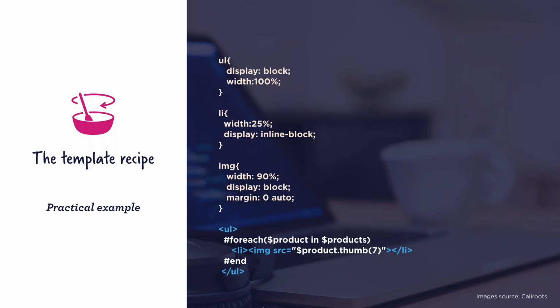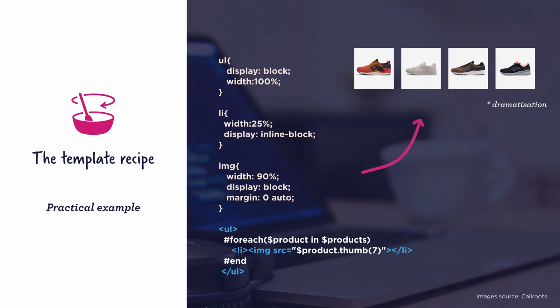of this iteration, the object product will contain all the information that you can call through the variables, such as thumb, rather than a URL, rather than the product name, brand, and so on. So in this case, I use product.thumb.thumb7, which is the thumbnail 200 pixel by 200 pixel, and the result was going to be exactly the same, but by using Nosto.